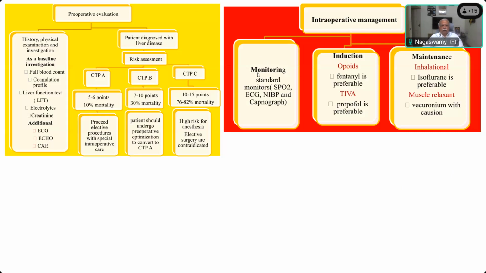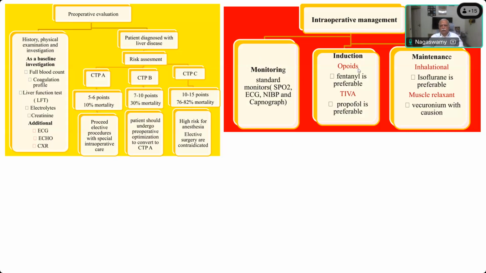Think of the monitoring: standard monitoring like SpO2, ECG, NIBP, and capnography. In addition to that, you can also use invasive monitoring if you anticipate any major blood loss or advanced stages of liver disease.